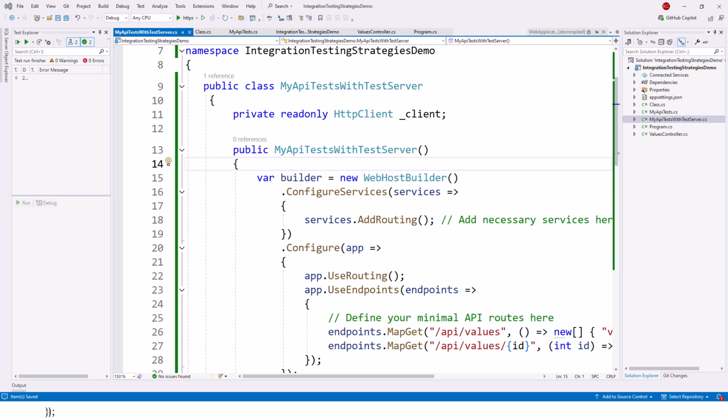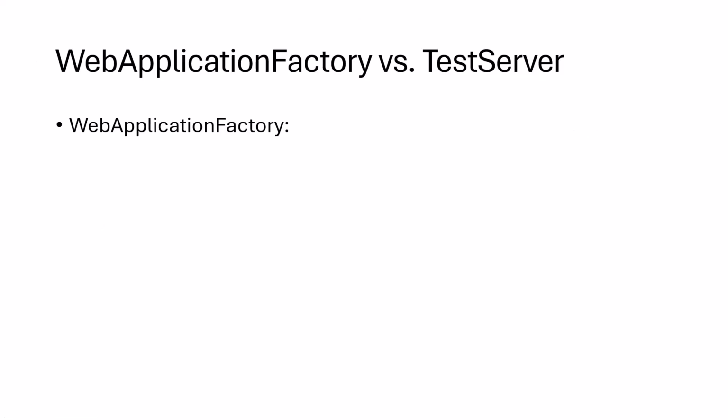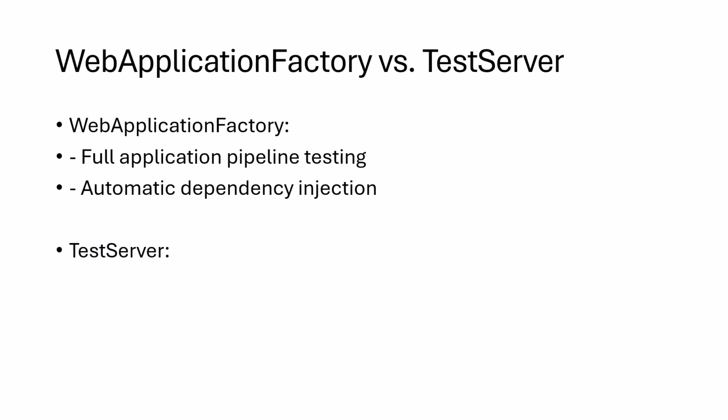And let's go over what is left. This is the same code which I've just discussed, My API test with test server with a fact test. So I have created two asserts. One is to check not null, another is to check if the content contains value 1. Alright, and then Web Application Factory versus test server, we have already seen this difference.